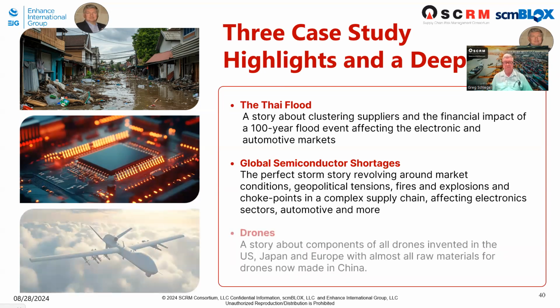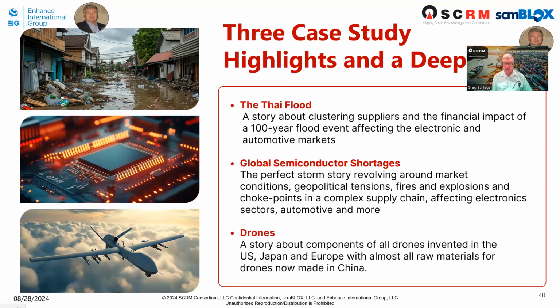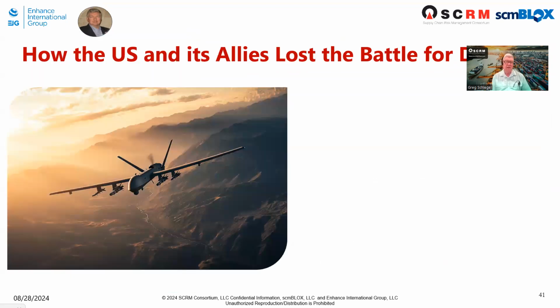And then finally, we wanted to do a deep dive on drones. This is happening now. It's a story about components of all drones invented where? In the US, Japan, and Europe, with almost all the raw materials for those drones now being made in China. We call it How the US and its allies Lost the Battle for Drones.